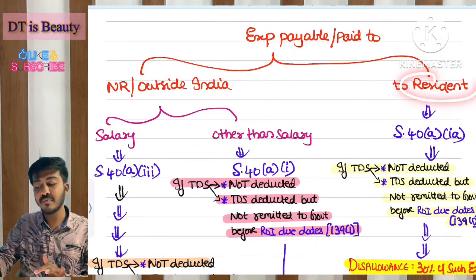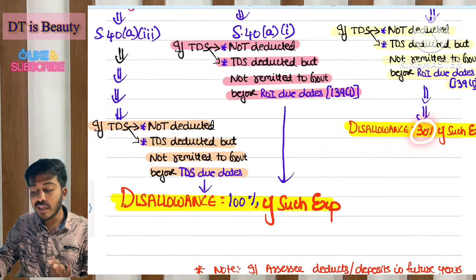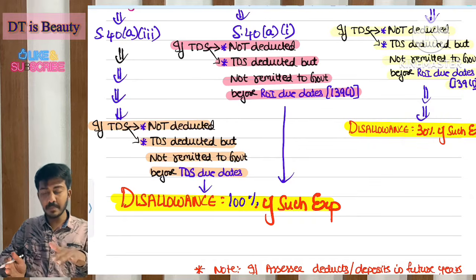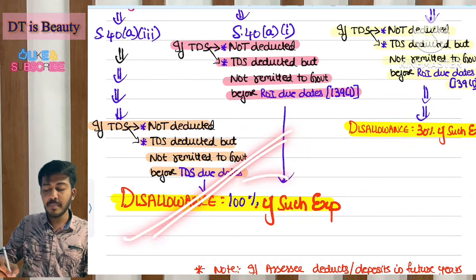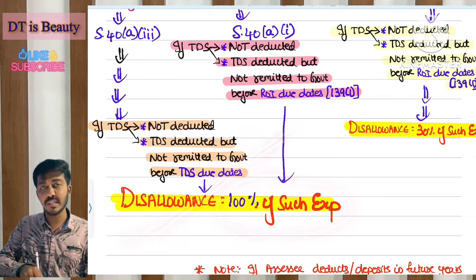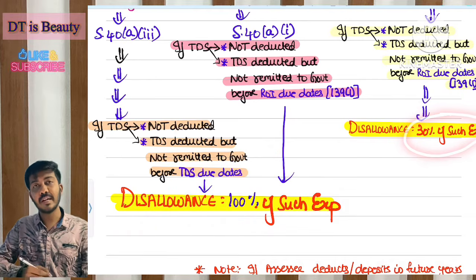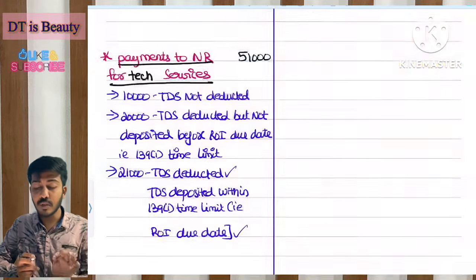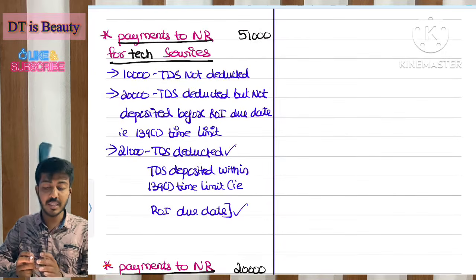What are the consequences for residents, sir? Only 30% of such expense is disallowed. Simple. For non-residents, for both of them, 100% of expense is disallowed. Here only 30% of such expense is disallowed. Simple. Now let us check how it will work out in the question.